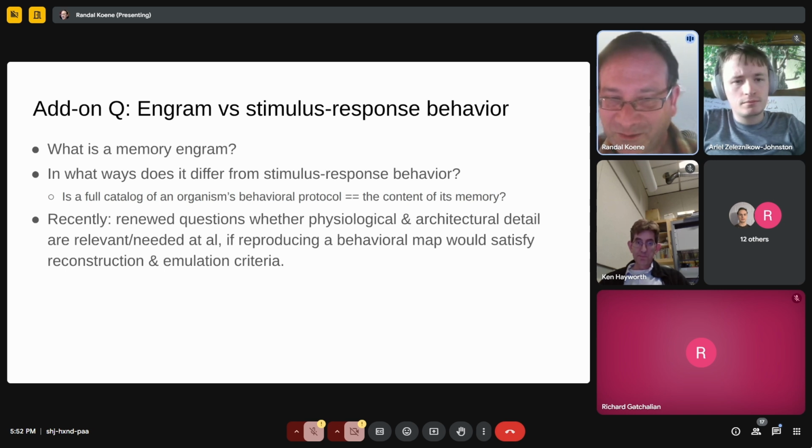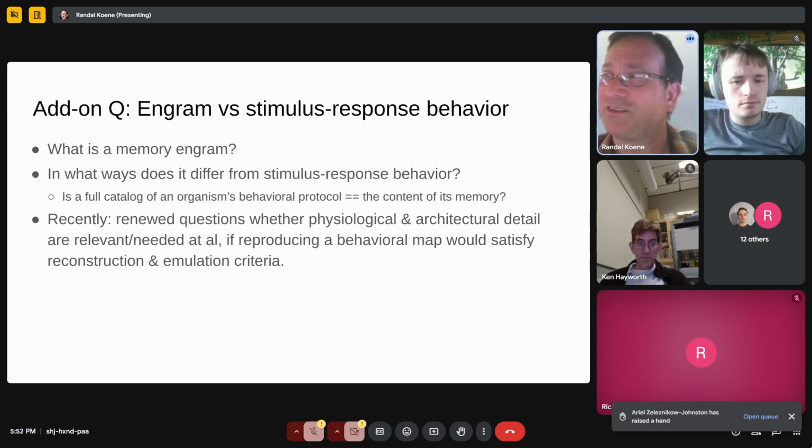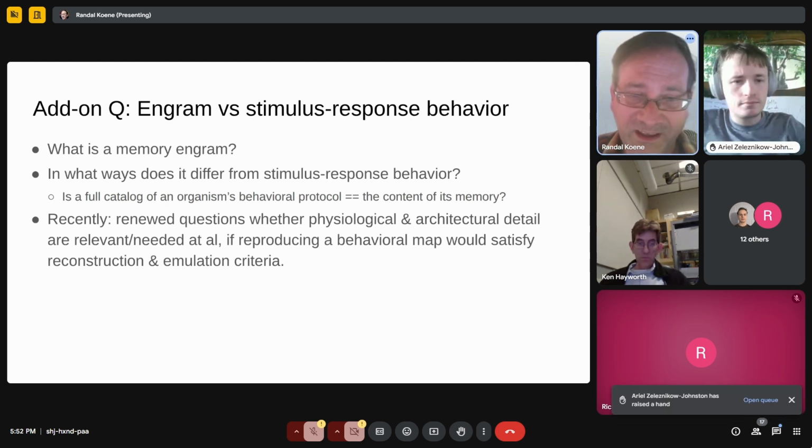This relates to whether details from the architecture, from a static snapshot like this, at EM resolution, are really important, or if physiological and architectural details are important at all, or if reproducing a behavioral map would be enough to satisfy the success criteria of an emulation. This is a tug of war between what used to be called lo-fi and hi-fi emulation.